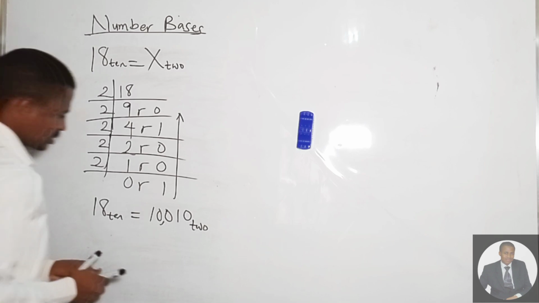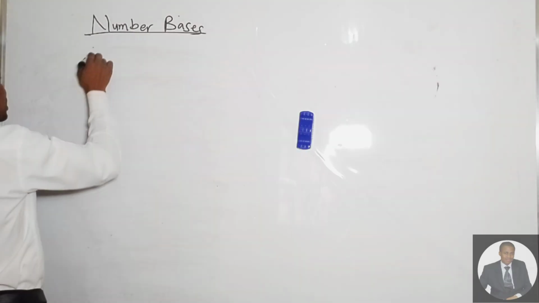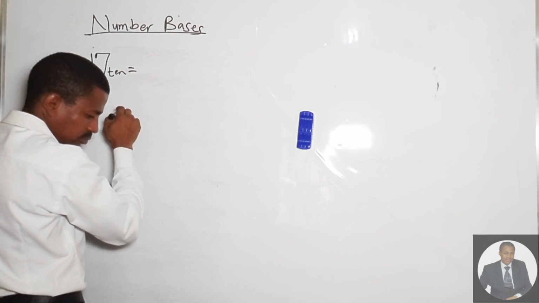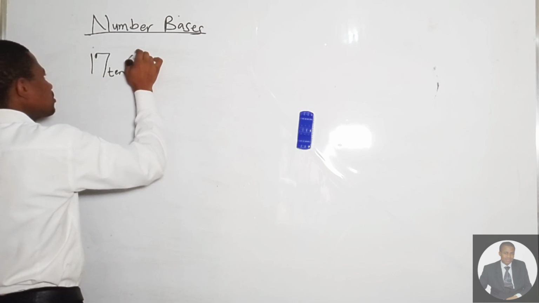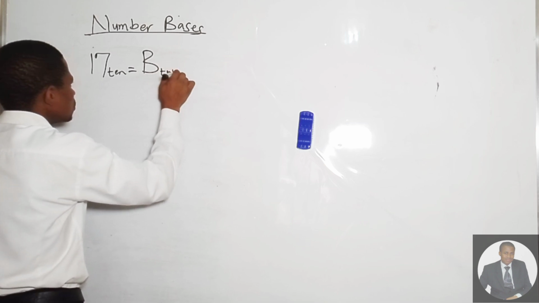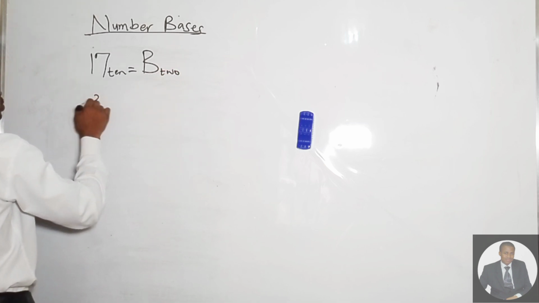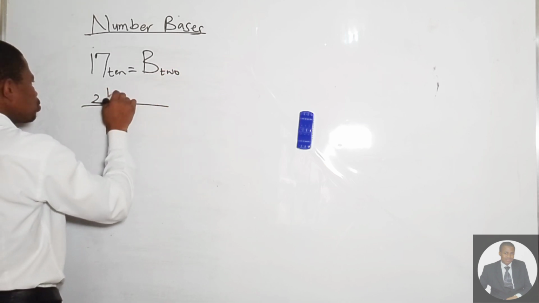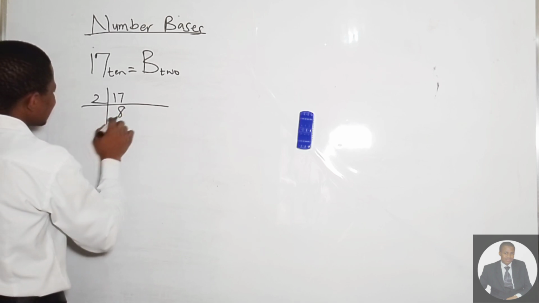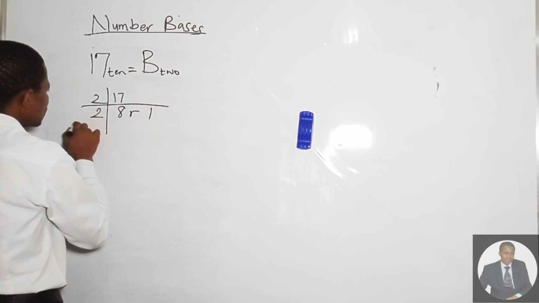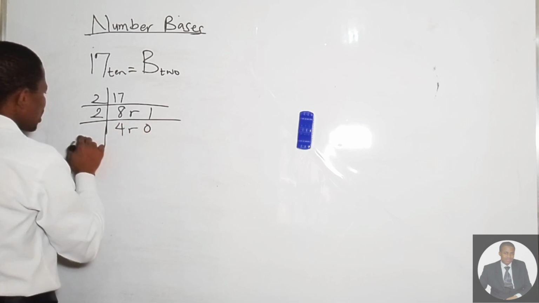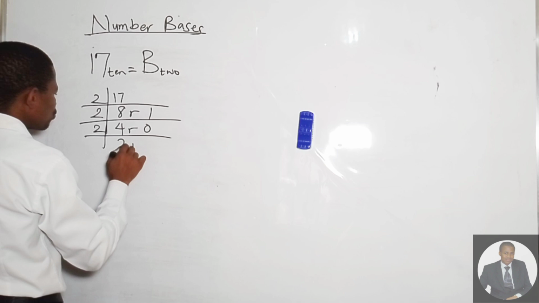17 base 10 equals b base 2. So we divide 17 by 2. How many 2 is in 17? 2 times 8 is 16, remain 1. How many 2 is in 8? 4. That's 2 times 4, 8, remains 0. How many 2 is in 4? 2, remains 0.